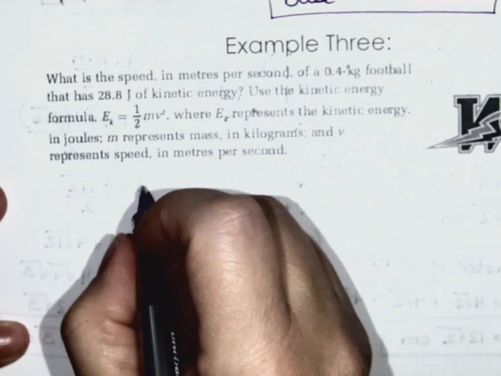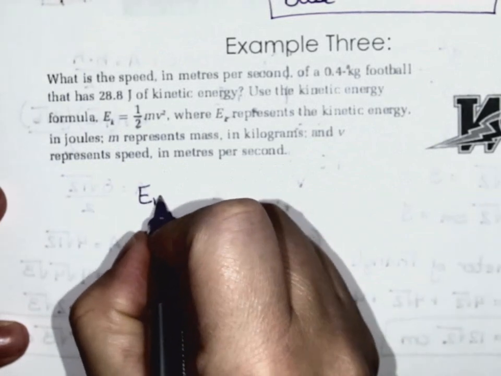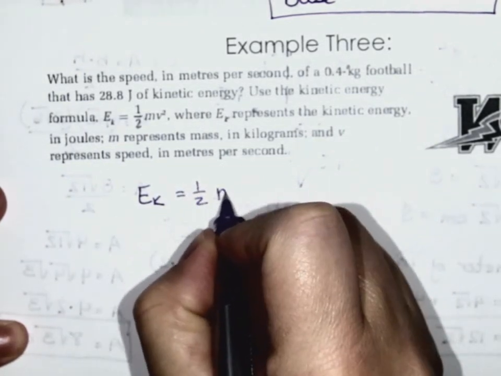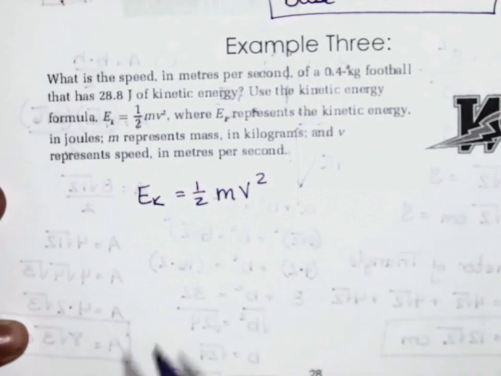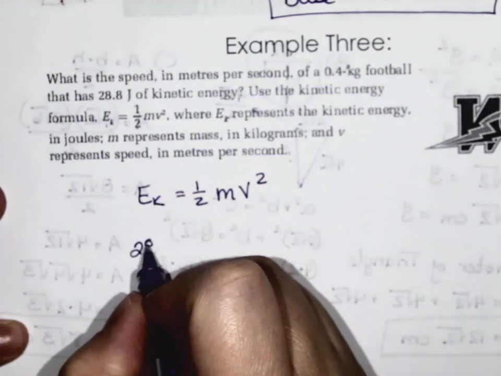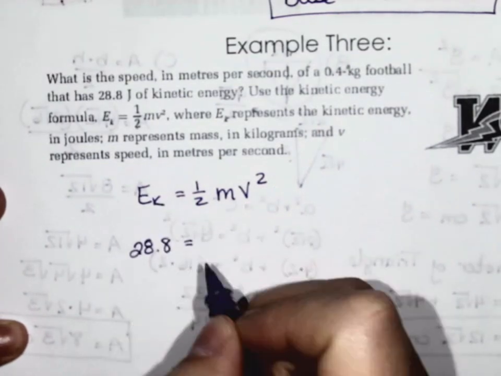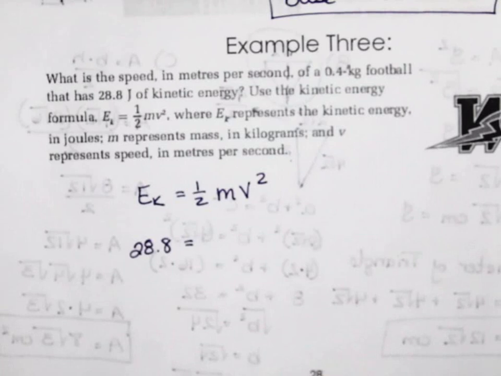So we know the kinetic energy. So EK equals 1/2 mv squared. So we know EK was 28.8. Now, does this say exact value? Does it say exact value in here anywhere? No. So do I need to have a radical in my answer? Nah.